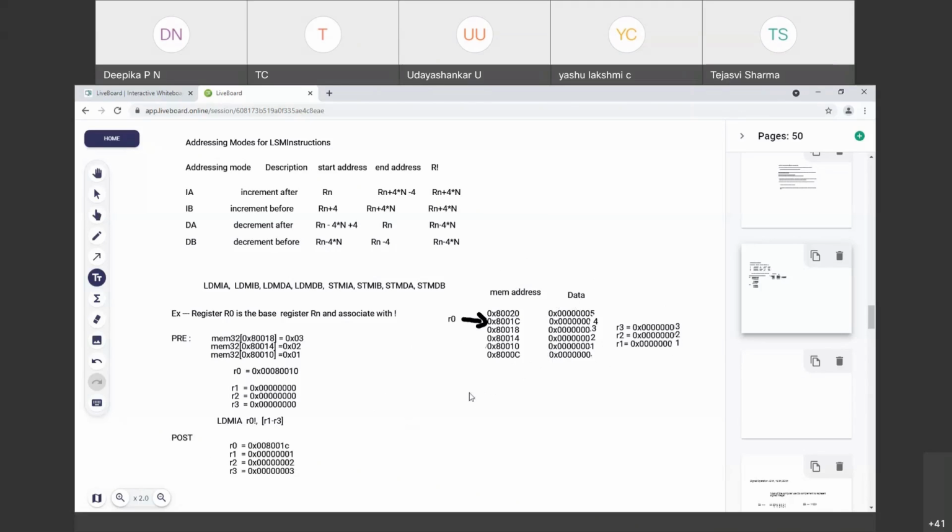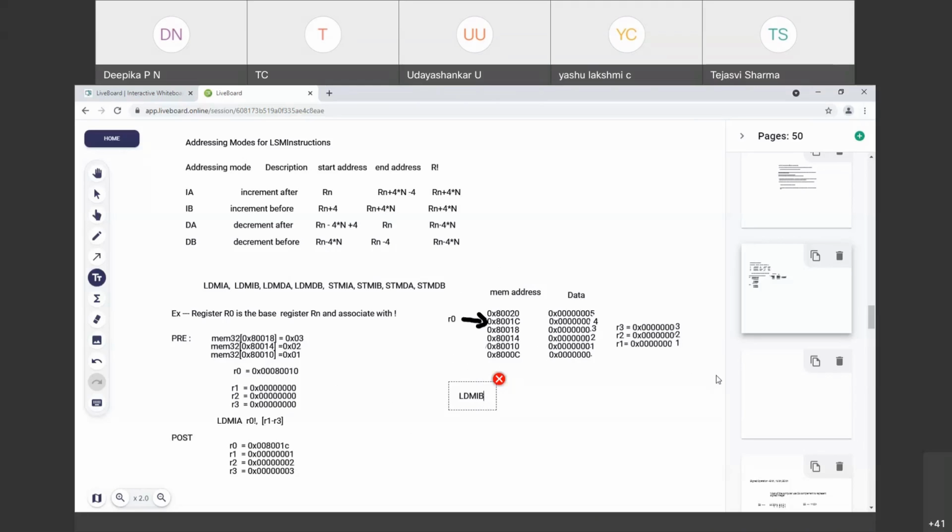Similarly, let me check this instruction, what is it called, LDMIB. LDMIB means increment before. Please understand. Now, what if it is increment before?